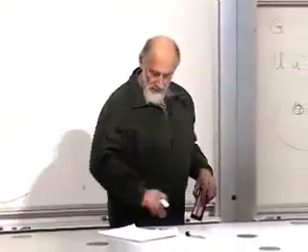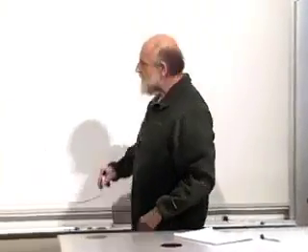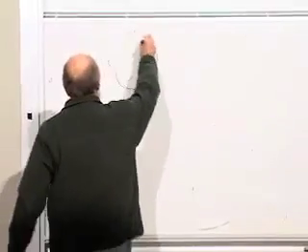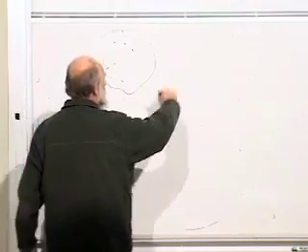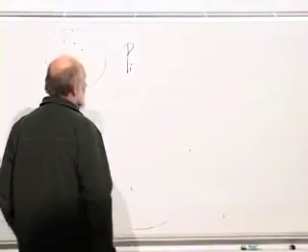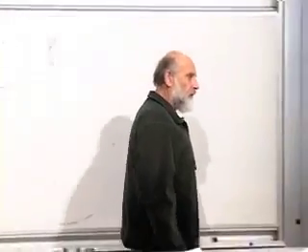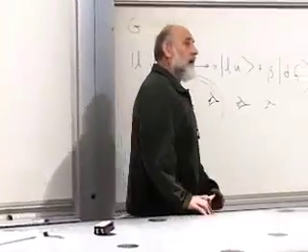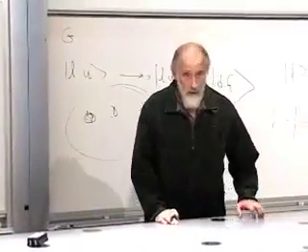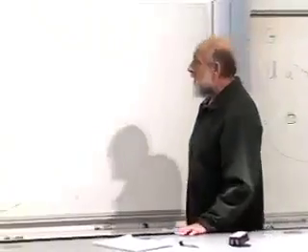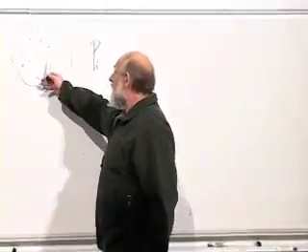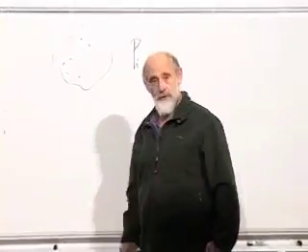The classical probability distribution, some P of I. Let me just remind you that if you have a P of I and you have some classical observable, a classical observable just means some function of the points in the configuration space.